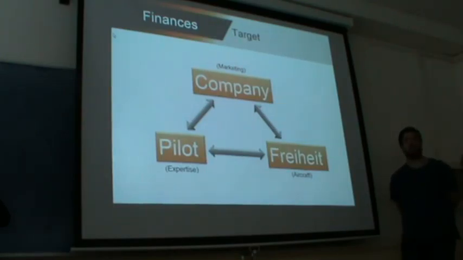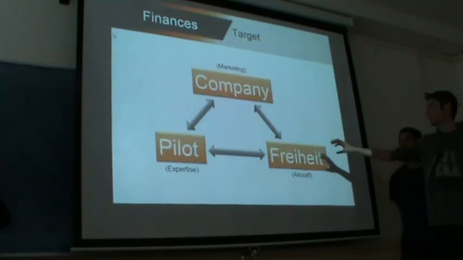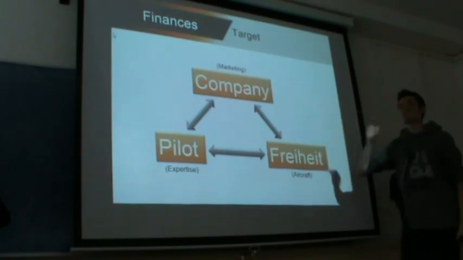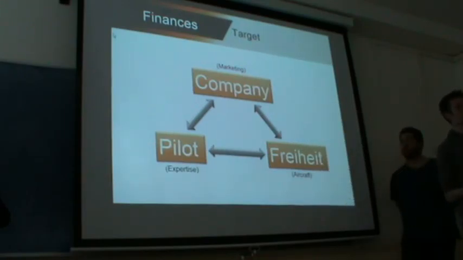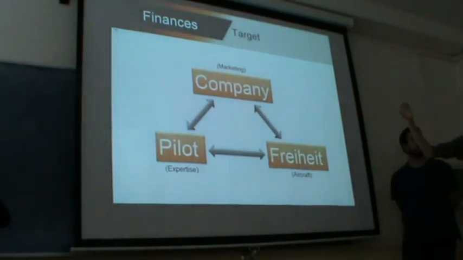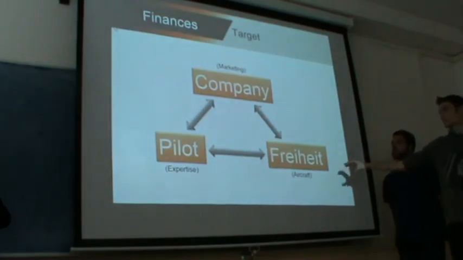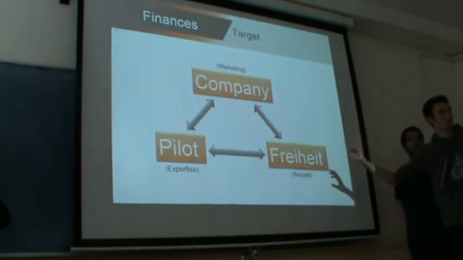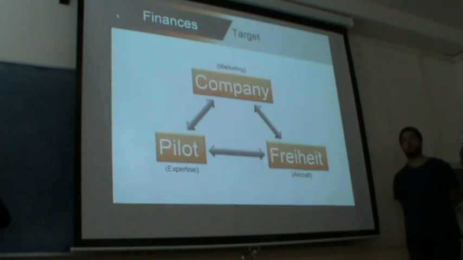So that's where the company enters. We need a bigger company, for example, something similar to Red Bull, that will help us with backing. So thanks to the company and the quality of our aircraft, we can convince the pilot to operate our aircraft.